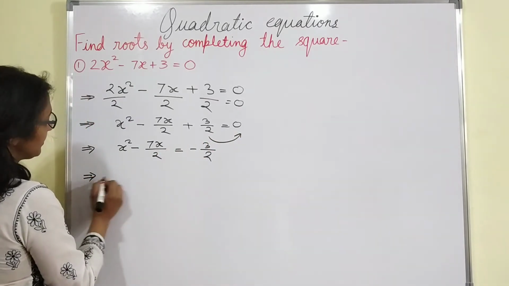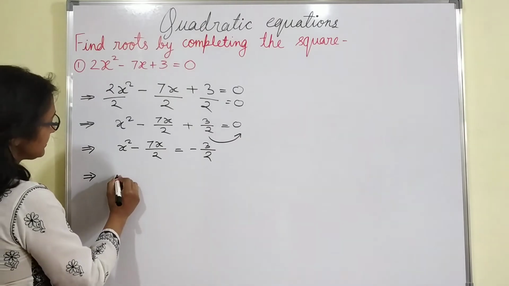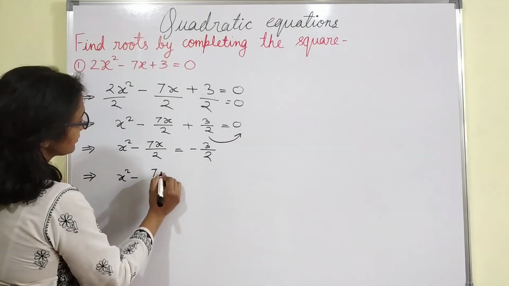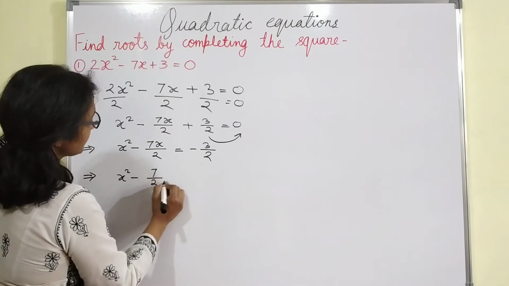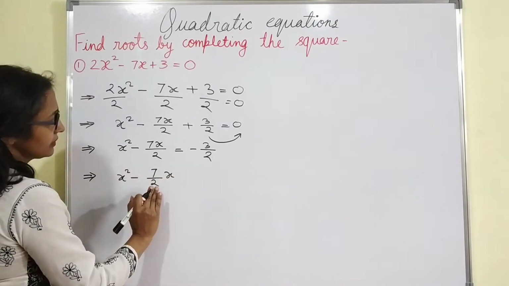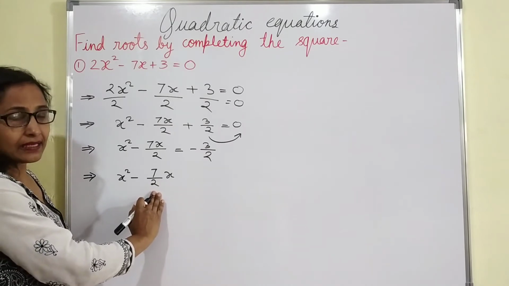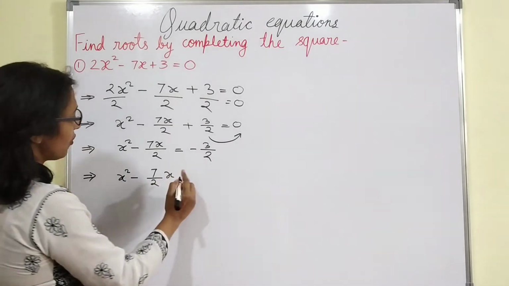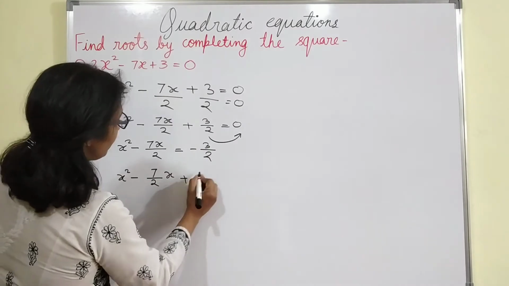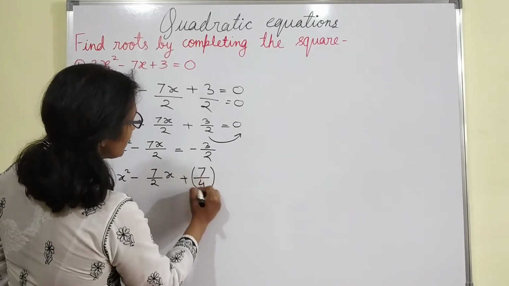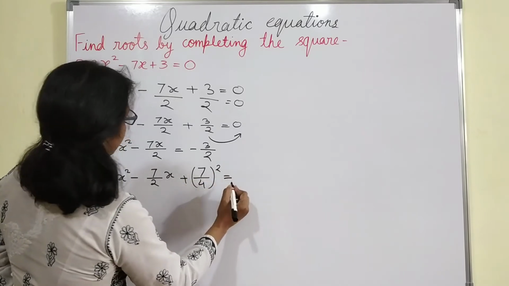Now the third step is adding half of the square of the x term on both sides.